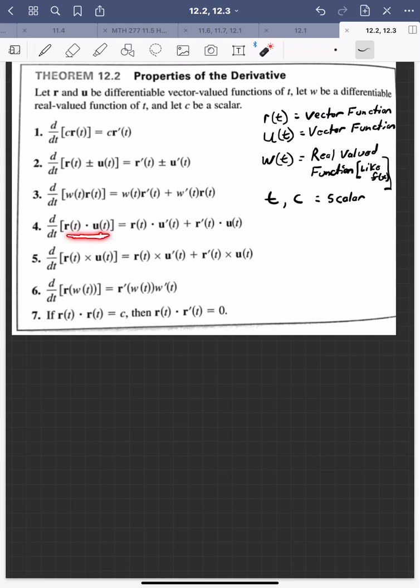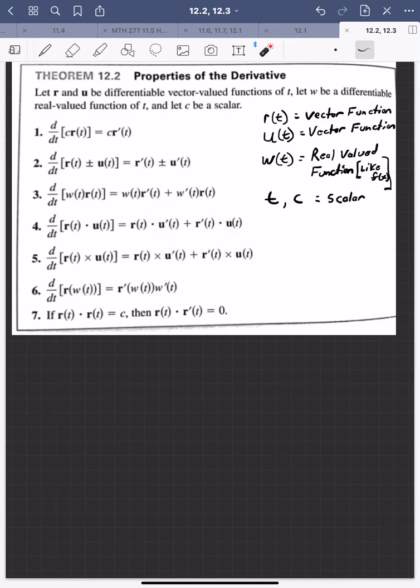In other words, you would have had no practice with the derivative of a dot product of two vectors, or a derivative of a cross product. But you can see that this very much resembles a product rule, right? Except be careful because this is the dot product here, and this is the cross product here.